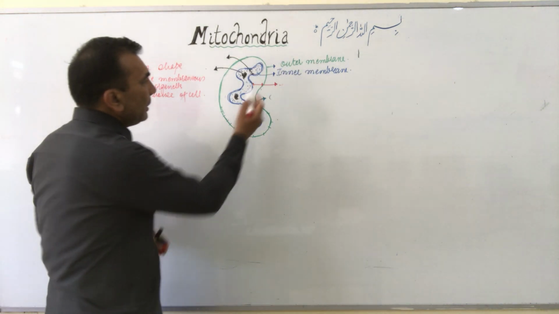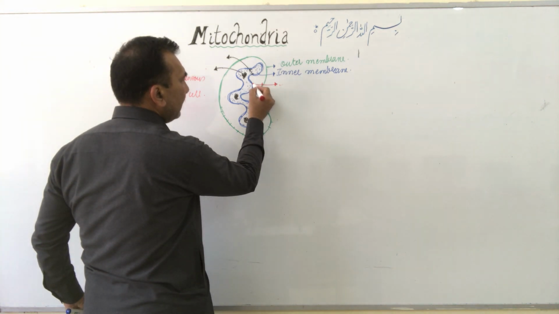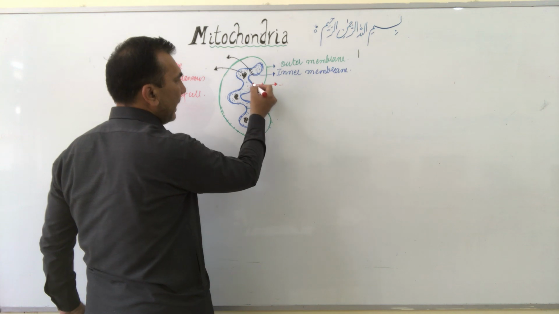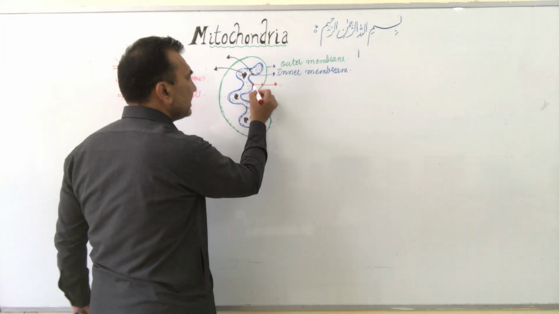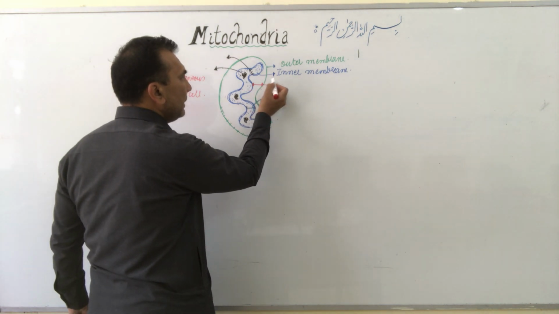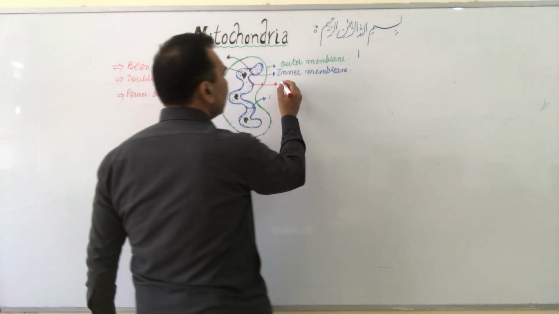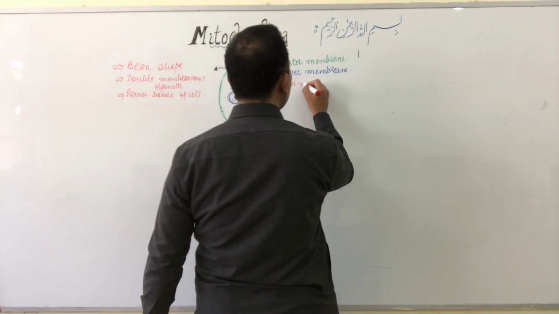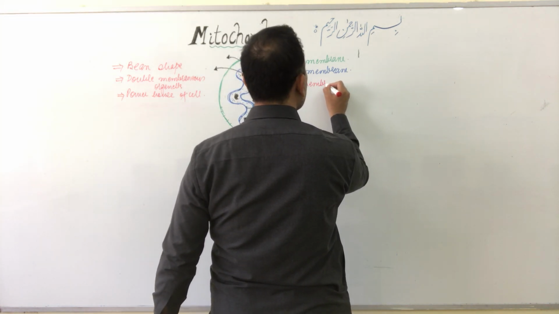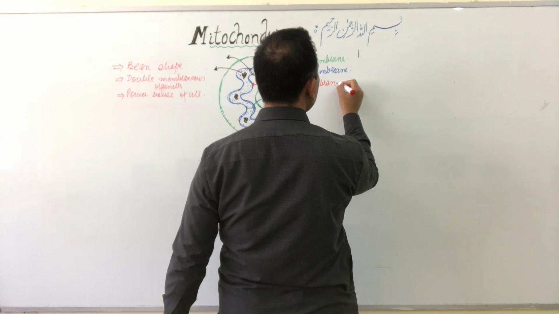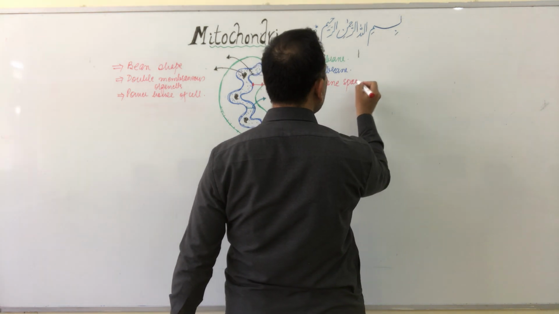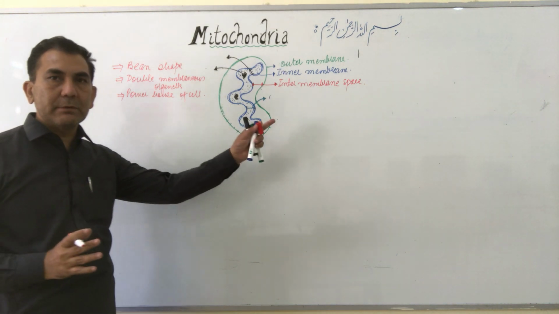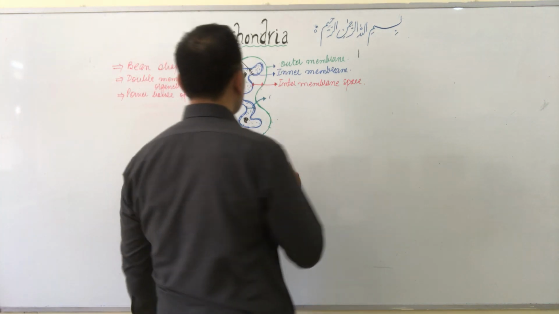The space present between the outer membrane and the inner membrane is called the intermembrane space of the mitochondria.